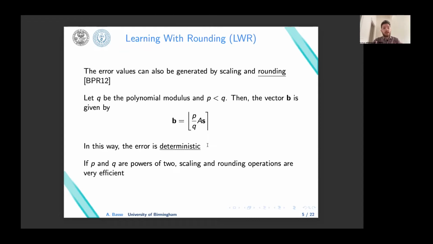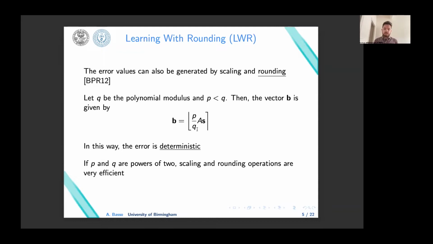There is also another variant that you might not have seen before, which is learning with rounding. Learning with rounding is the same as learning with error, but rather than generating the error vector E and adding it, the error is generated deterministically by scaling: we multiply A times S, scale it by the fraction P over Q, and then round to the nearest integer.